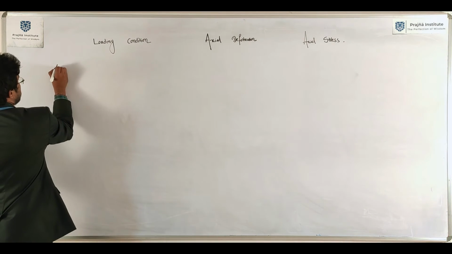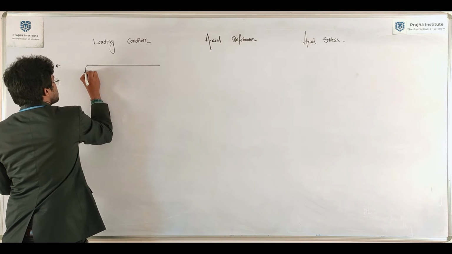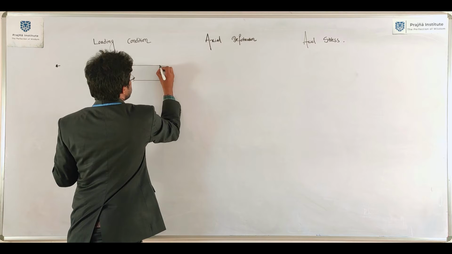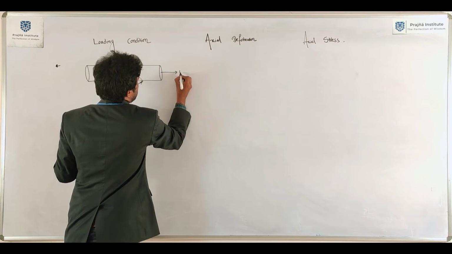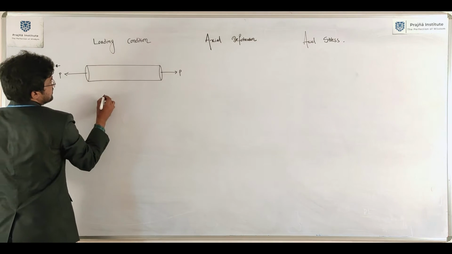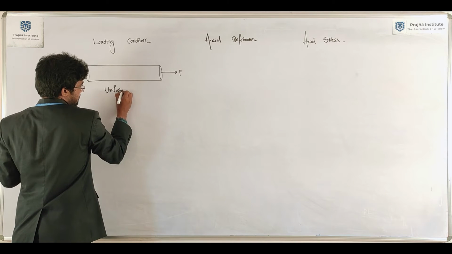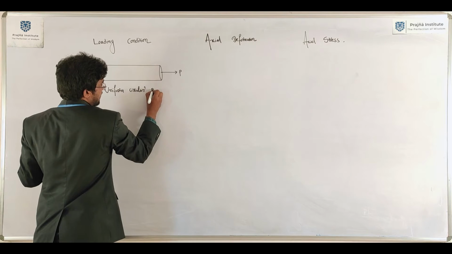First, the loading condition will be a uniform circular rod with axial loading P. This is a uniform circular bar.